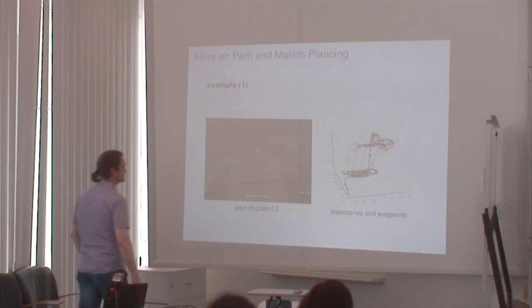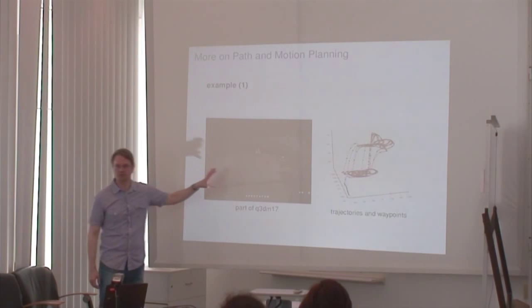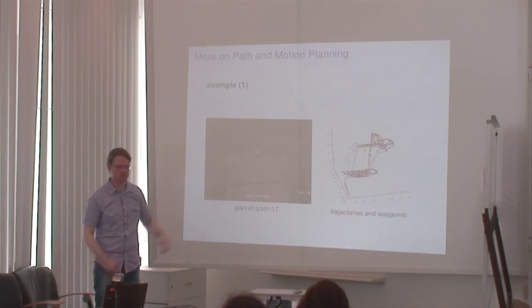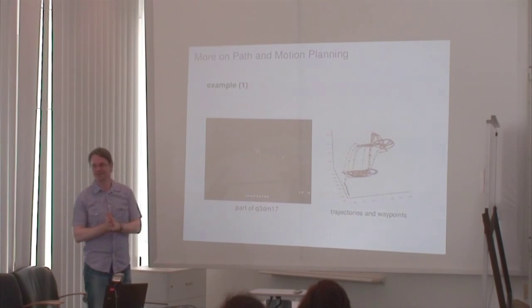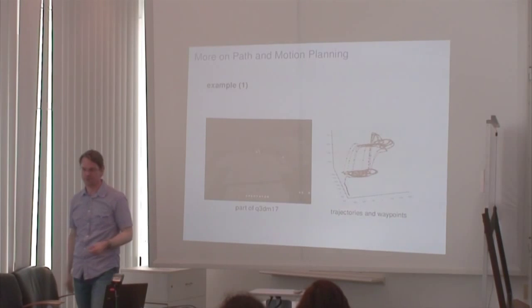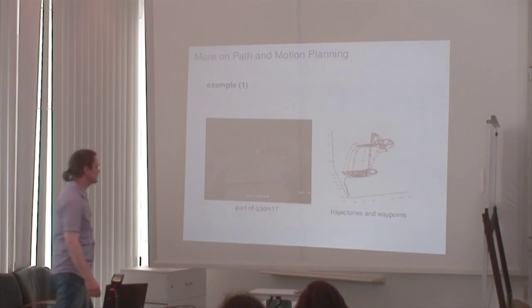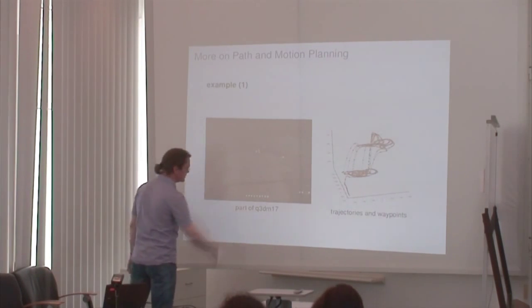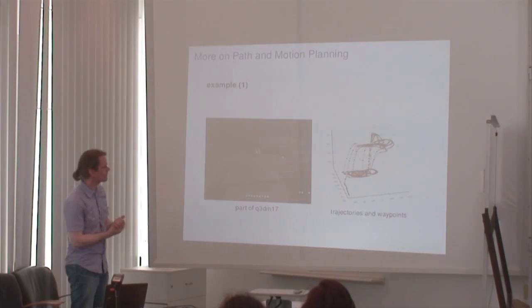Here is an example. Can you see this screenshot of Q3DM17? Do you see it? Yes, partially. Okay, so this is a top view on a part of the Quake 3 map. The map is called Q3 Deathmatch 17.